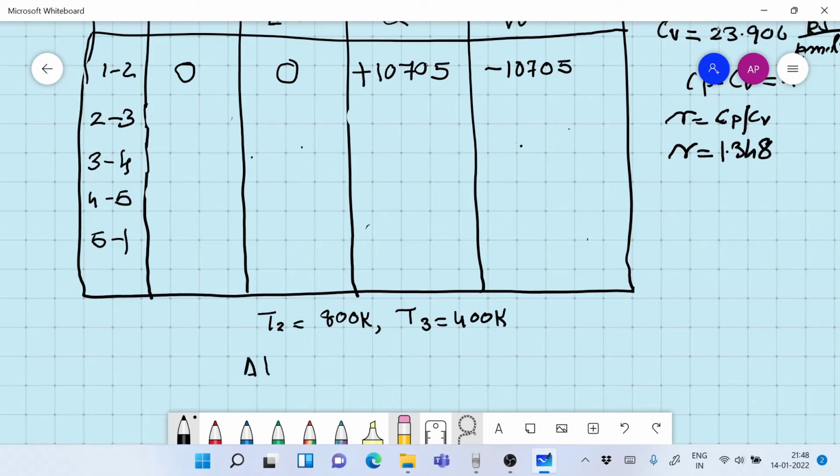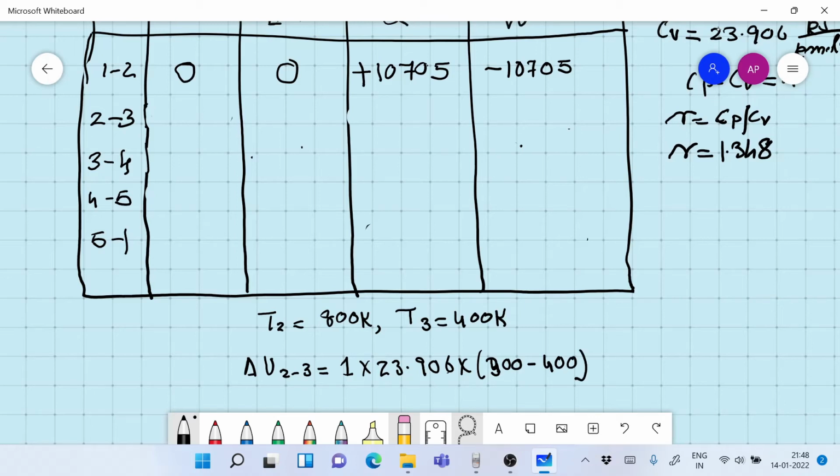Now delta U23 will be equal to 1 kilomole, which is the basis, into Cv, which is 23.906, into the final temperature minus the initial temperature.